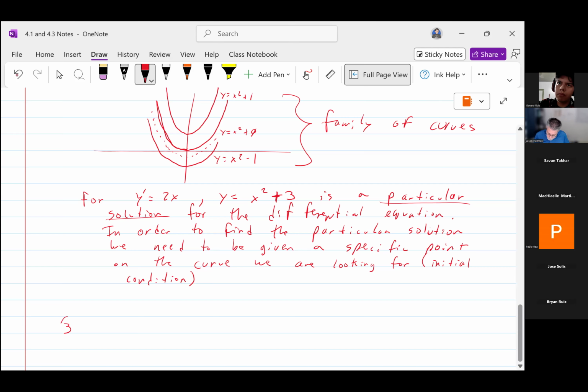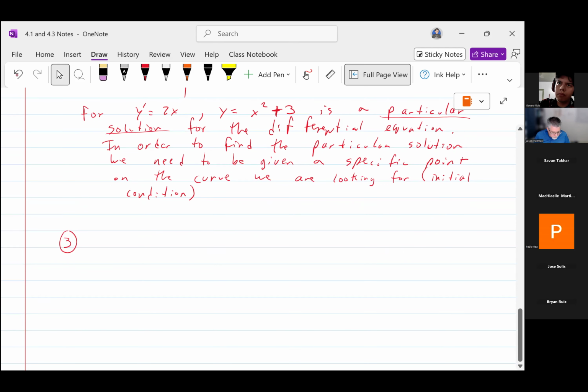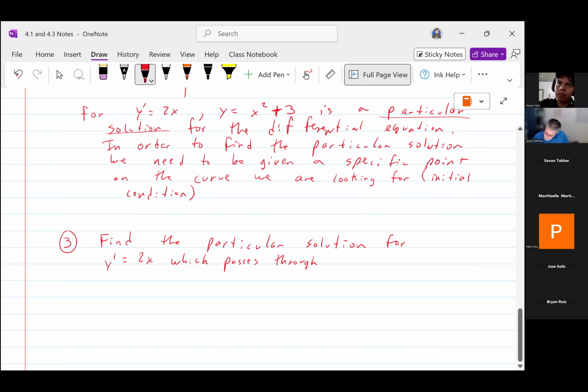Number 3. Find the particular solution for y prime equals 2x, which passes through the point (2, 7).